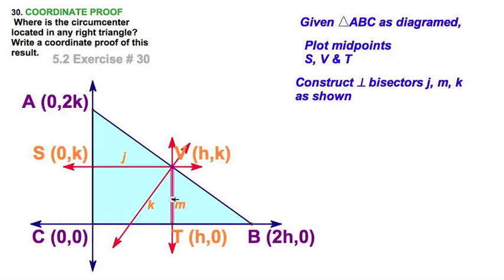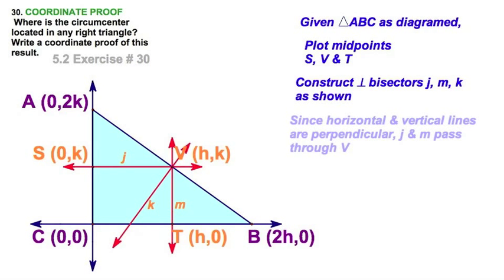Now the same argument can be made for M, except it is perpendicular to a horizontal line. So it is a vertical line. A vertical line has a constant, oh wait for it, abscissa. That's right, that's the x part there. T is h, 0, V is h, k.